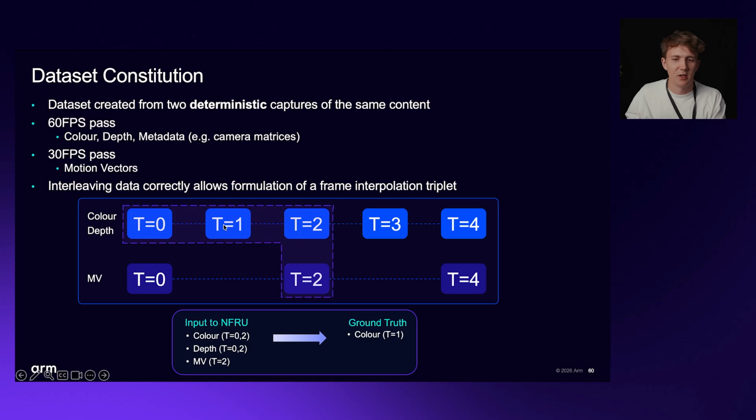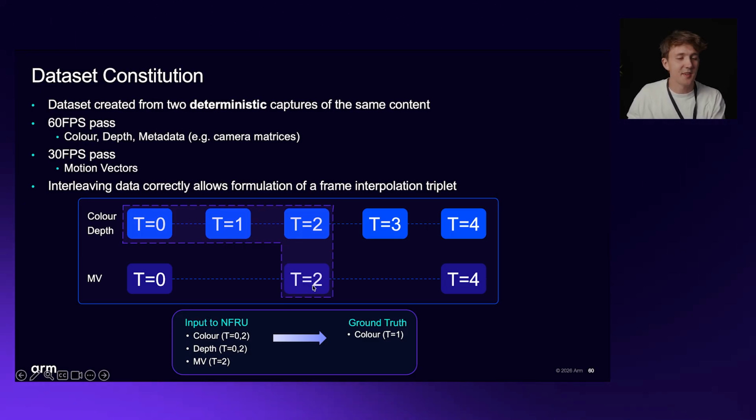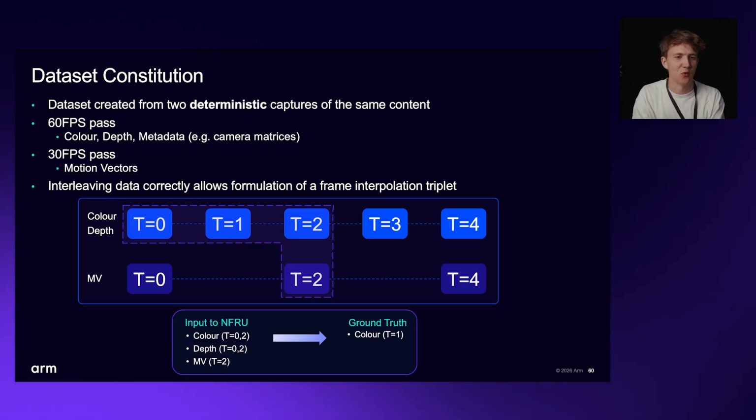Additionally, we use the motion data that is available for that pair captured at 30, and this needs to be captured at 30 in order to accurately reflect the motion between the color and depth frames at t equals 0 and t equals 2. As you can see, this is 30, so this motion vector here represents motion between time step 0 and 2. By interleaving these different frame captures, we create this frame interpolation triplet, and this corresponds to a real runtime environment.